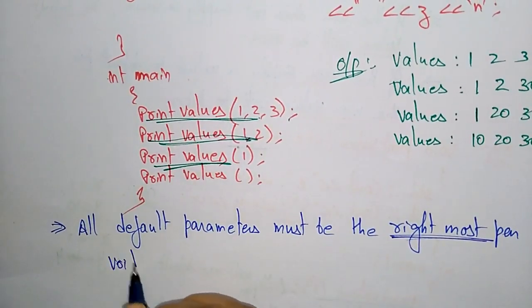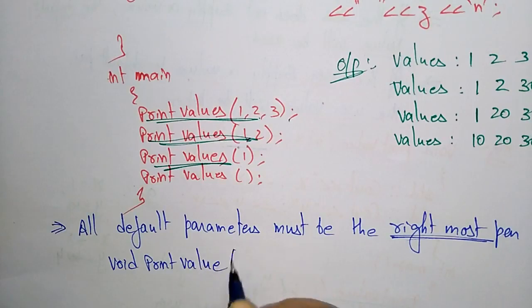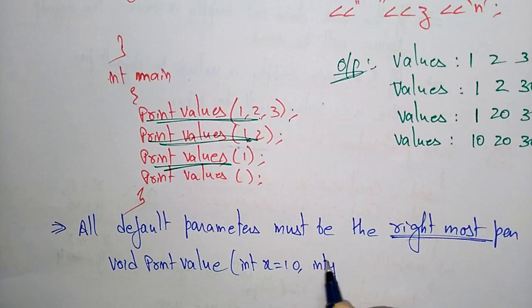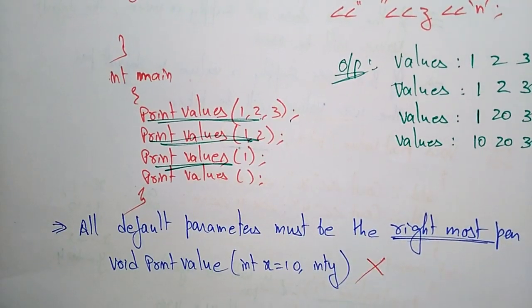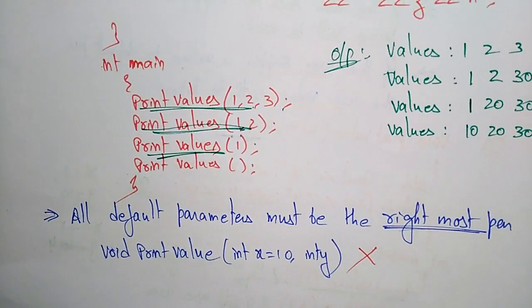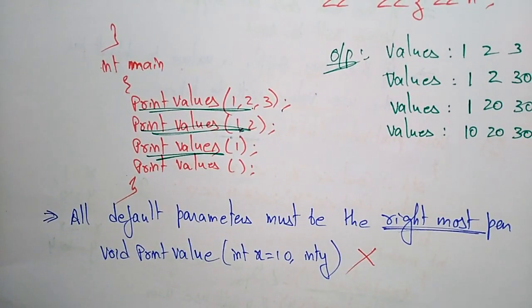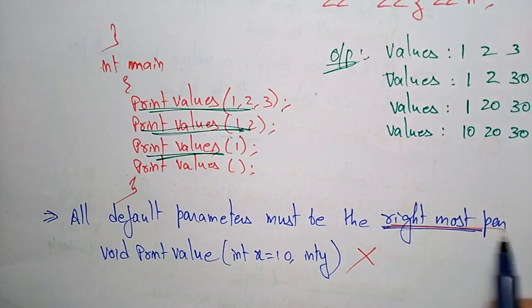Suppose void print value, int x is equal to 10 and int y. This is invalid. Why is it invalid? If you are giving only one variable a default parameter, that should be the rightmost parameter.